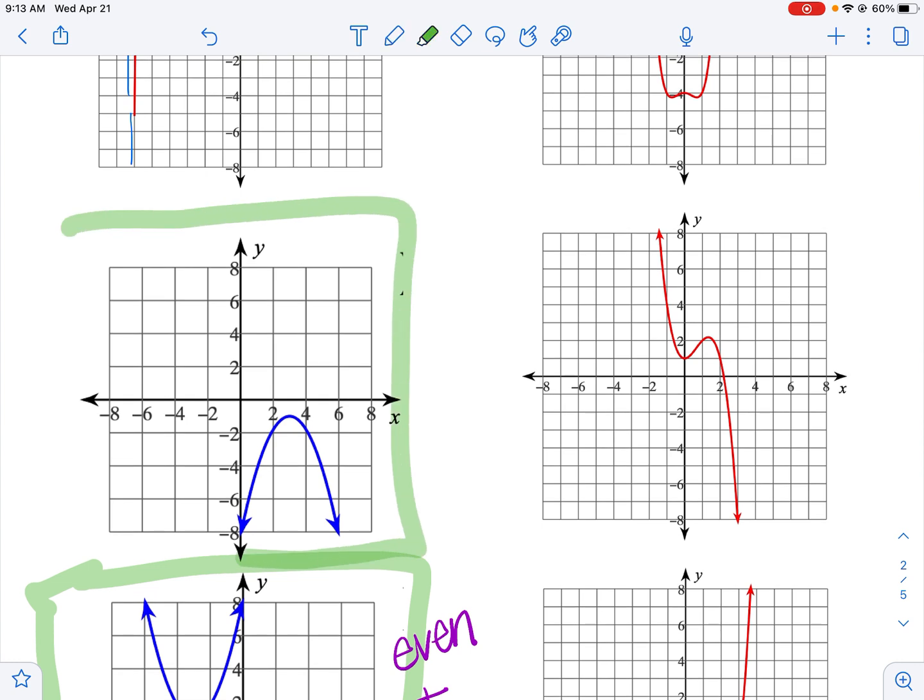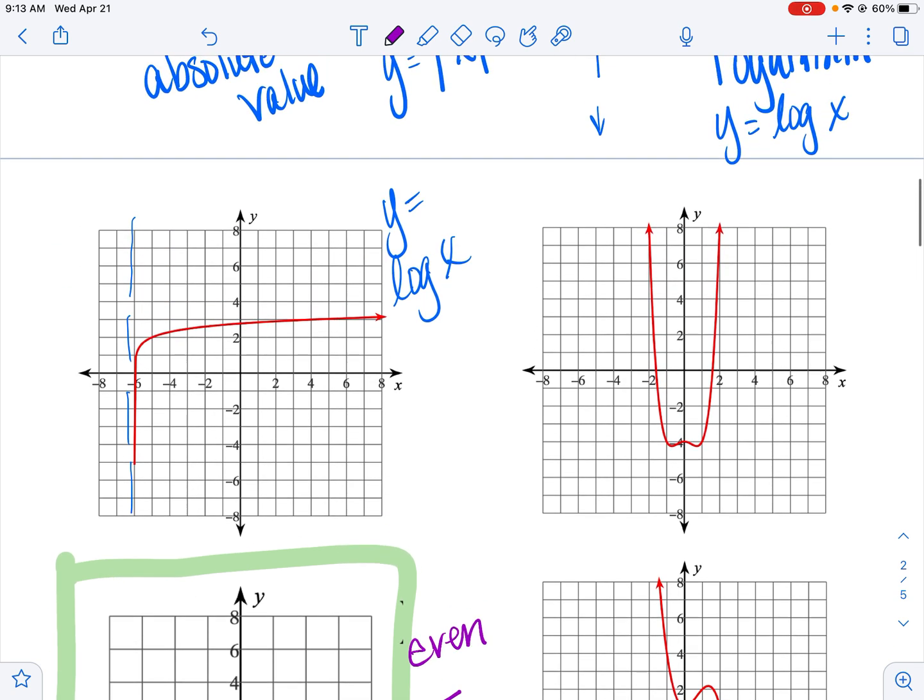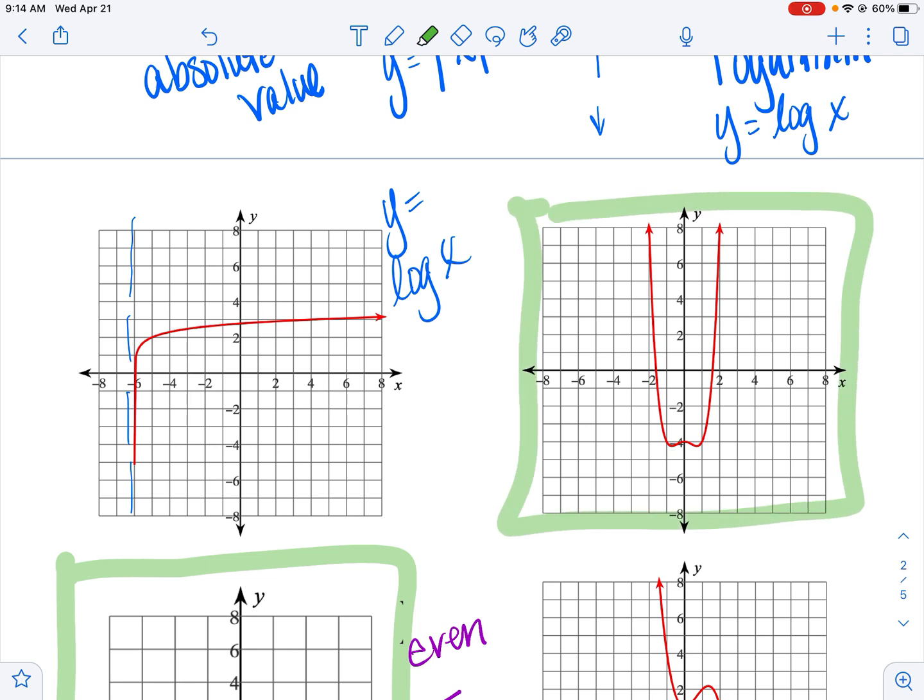This one here goes down, down, so again, it is even, but with a negative coefficient. And then the last one we're going to look at that happens to be even. This one goes up, up, so it's going to be a positive.